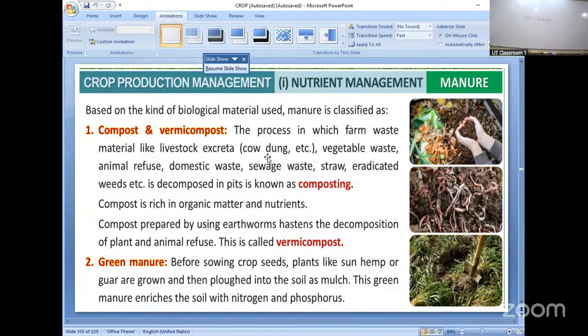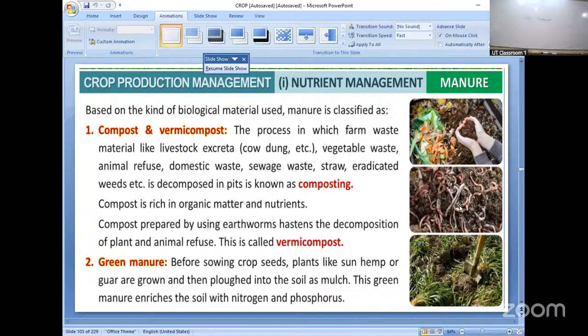Okay. So manures are classified into compost, vermicompost and green manures. For compost, excreta of various animals or vegetable waste or domestic waste are used, and for vermicompost, earthworm is used.